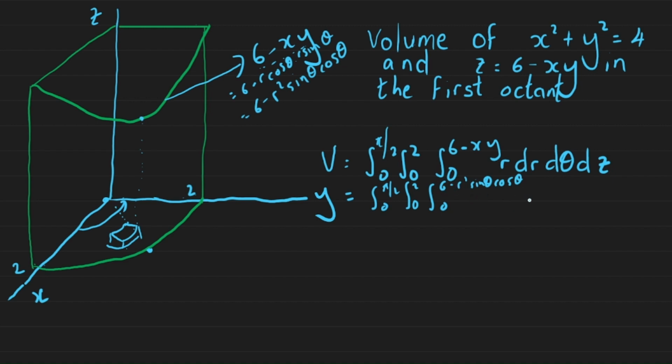And what we're actually integrating is r. I'm just going to write the dz first. dz dr d theta. So if you're integrating first with respect to z, all this just becomes z. r is treated as a constant first. So we would just substitute in this 6 minus r squared sine theta cos theta. So that's what we'll do now.